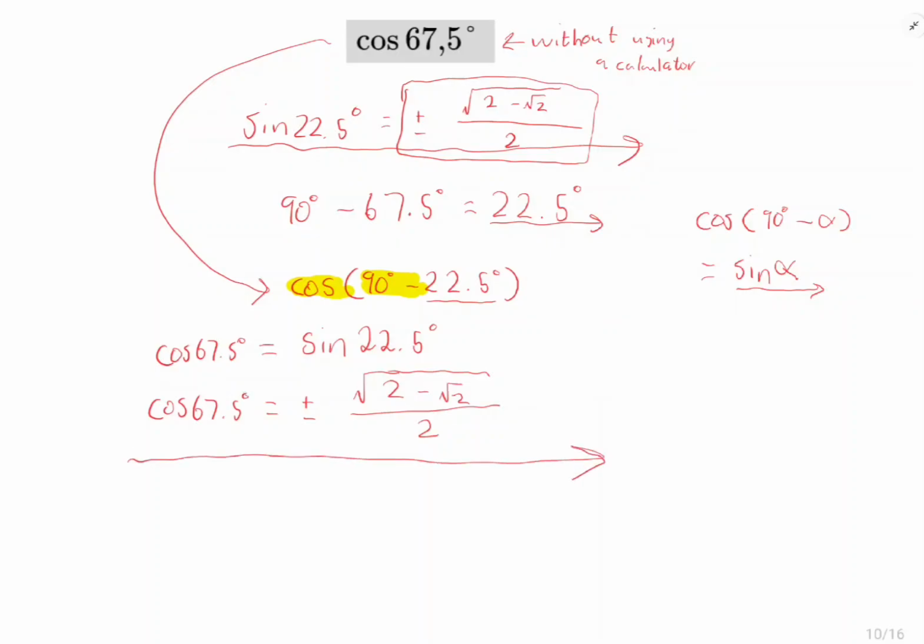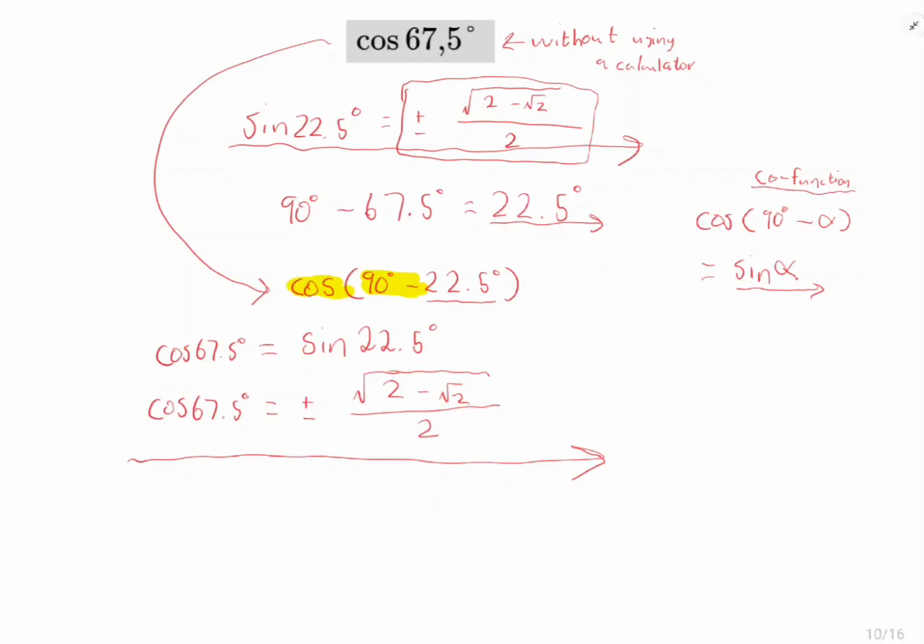So, if these questions follow along with each other, you must immediately notice, okay, there must be a trick. Let me see. We wanted to use 90 minus that angle to get this angle because, again, we know that 90 degrees minus an angle is going to be a cofunction angle. And in any case, 90 degrees is also a special angle.